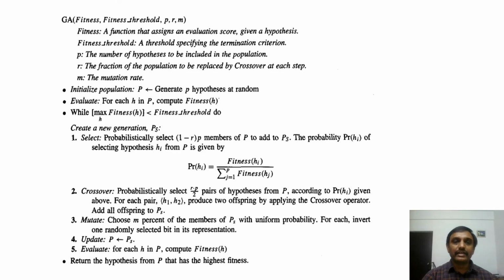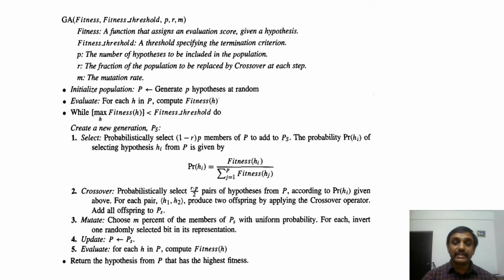This is the algorithm for the genetic algorithm. Here, first is fitness, a function that assigns an evaluation score given a hypothesis. Fitness threshold is the threshold value for the termination criterion. P is the number of hypotheses to be included in the population. R is the fraction of the population to be replaced by crossover at each step.